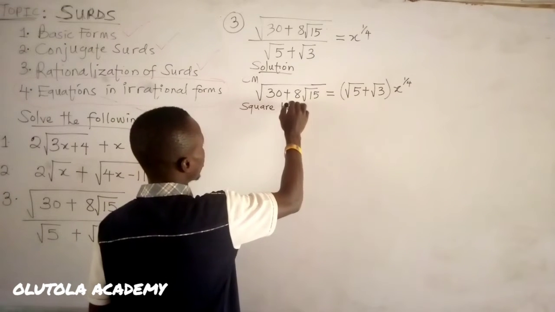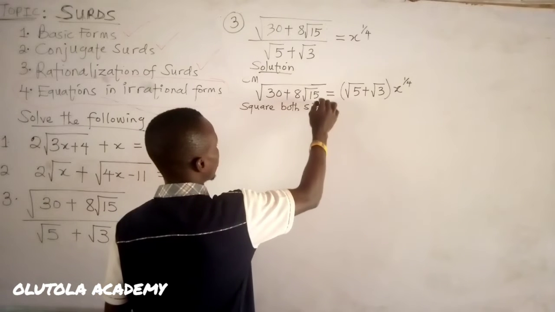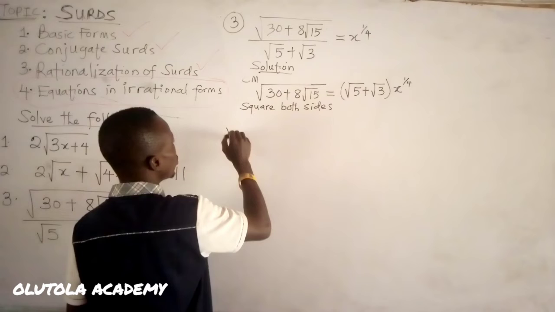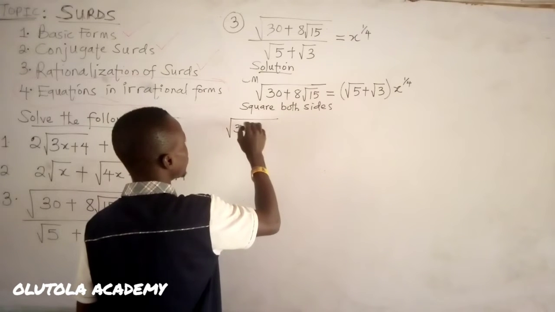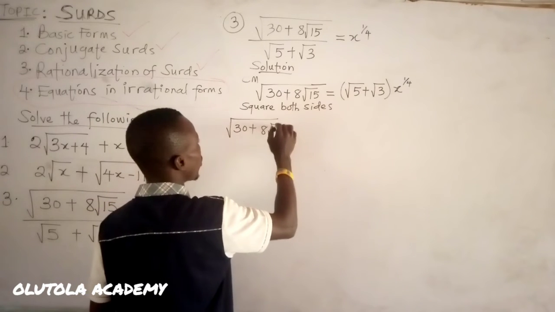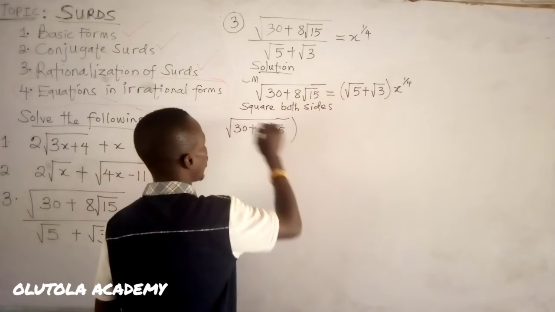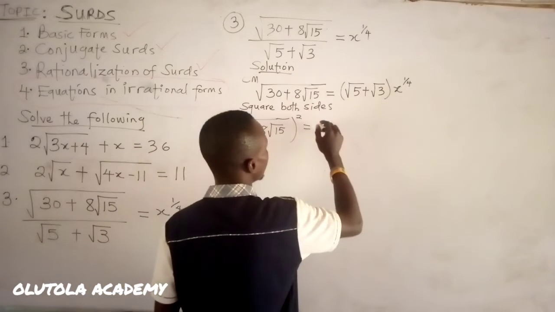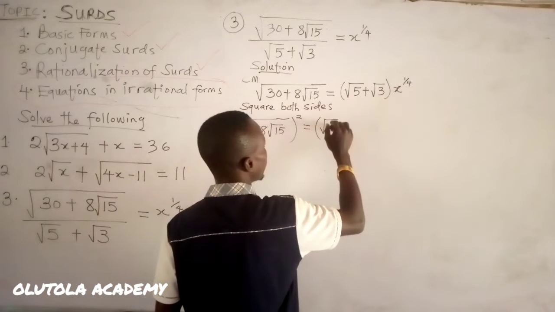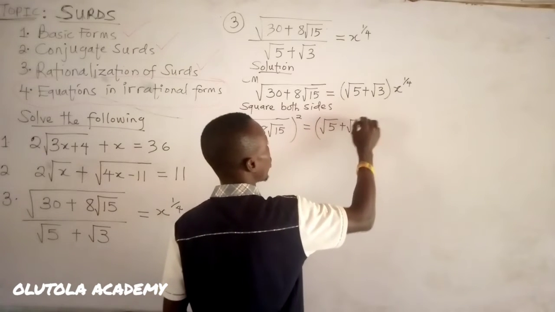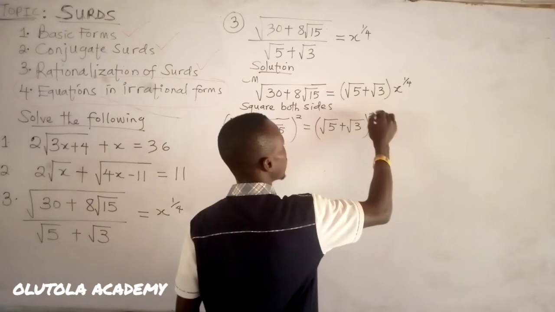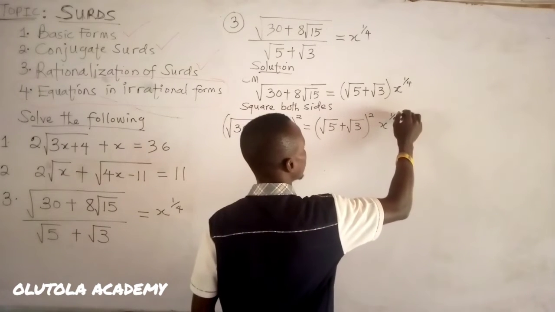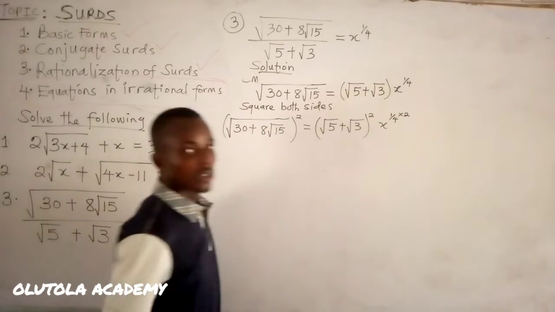Square both sides. When I square both sides, I have (√30 + 8√15) squared equals, each of these will be squared: (√5 + √3) squared times x^(1/4) squared.